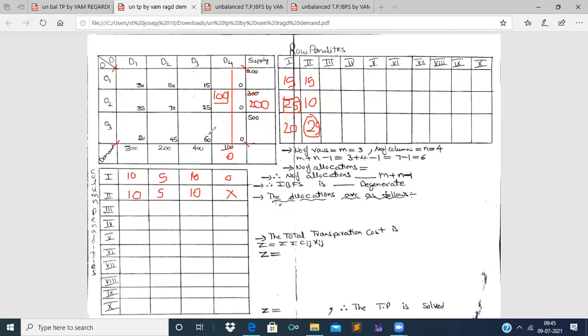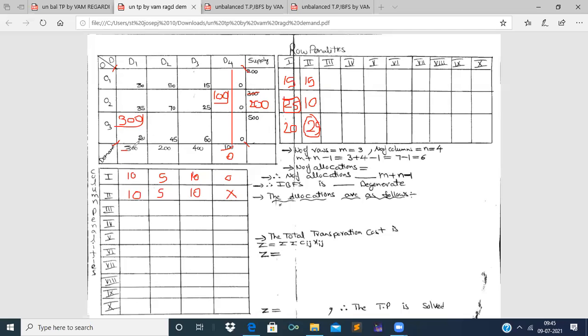Now in this row, in the leftover costs, the least cost is 20. So for this 20, the corresponding demand is 300, and the corresponding supply is 500. Of these two, 300 and 500, the least value is 300. That is, demand is 300. We allocate 300 in this cell in which 20 is present.